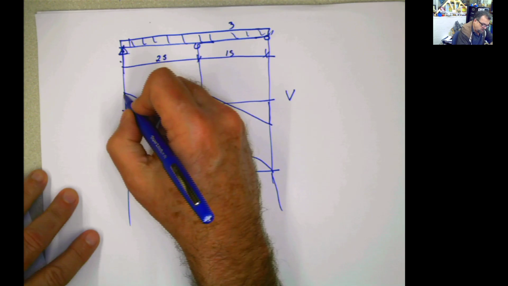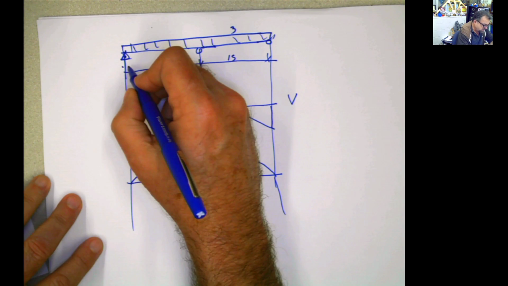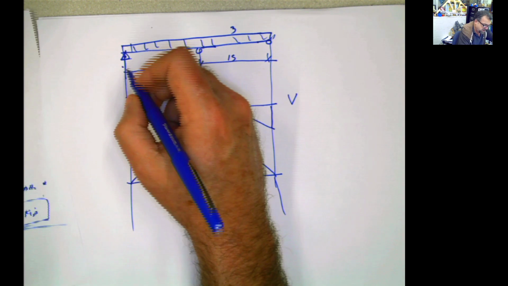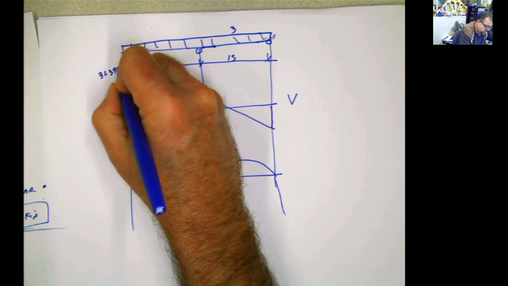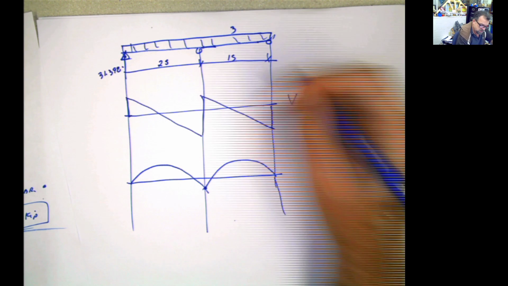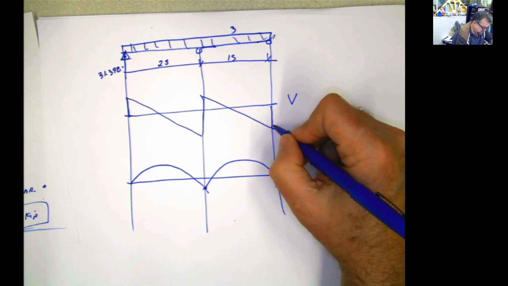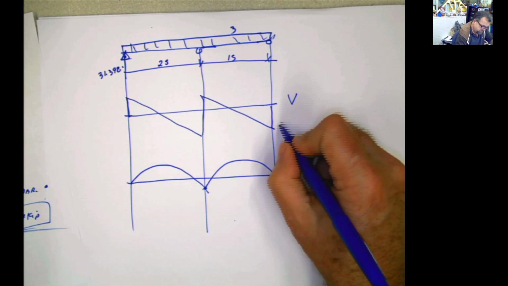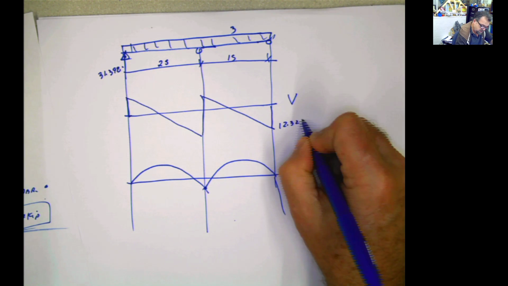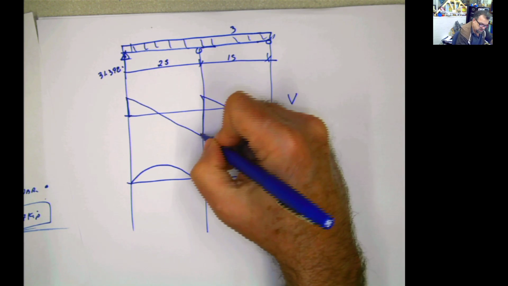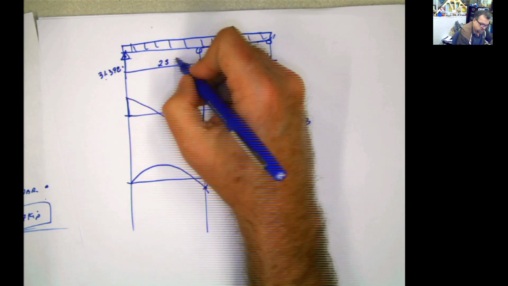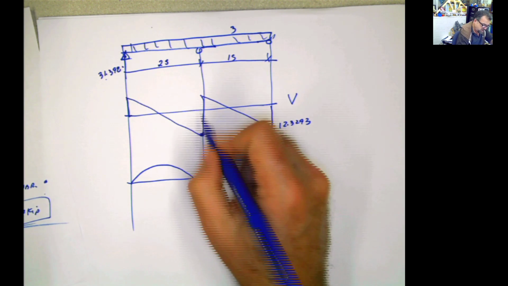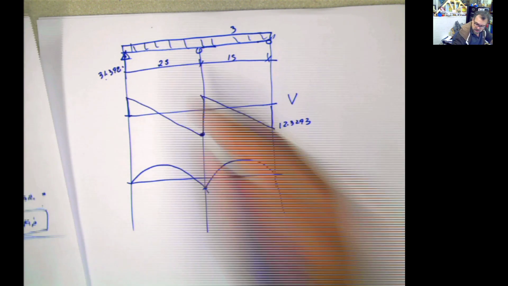Now you want to know how much is that. You know the value of the reaction. The value of that reaction was 31.398. You know the value of this reaction here, and that reaction was 12.3293. And now you need this value here. Well, this value here is going to be 3 times 25 minus that.